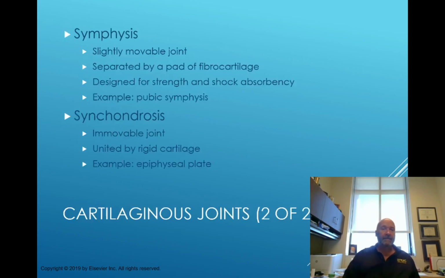A symphysis is a cartilaginous joint. And where we see a symphysis and speak of a symphysis quite a bit is in the symphysis pubis. So in your pelvic bones, what you have are these two great big bones, and that's the upper portion that you think of whenever you are looking at a pelvis.